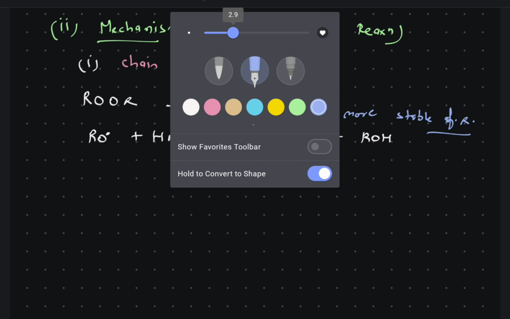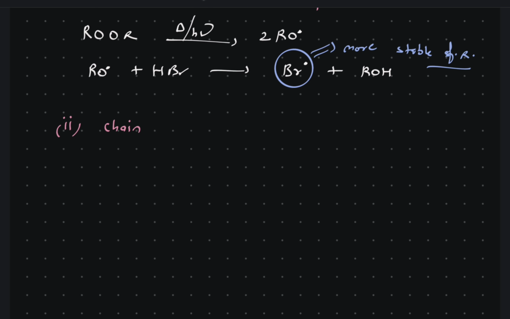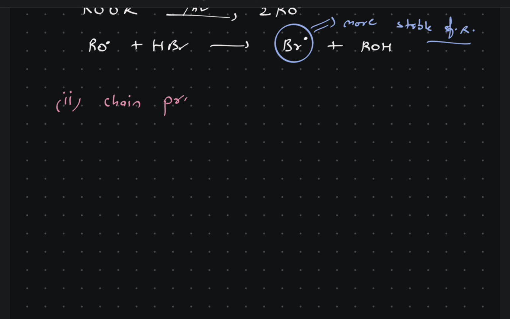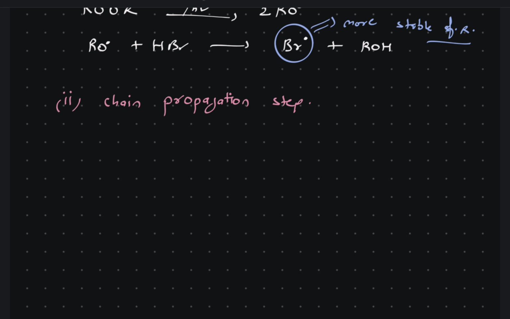The next step is the chain propagation step, the second step. In this step, the reaction continues. Firstly, the unsymmetrical alkene reacts with the bromine free radical, which is formed in the initiation step. As you know, this will follow the anti-Markovnikov rule.